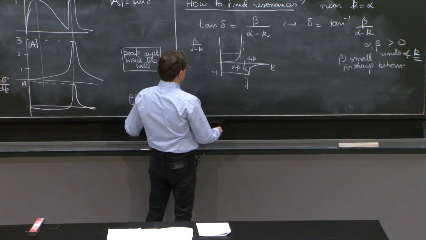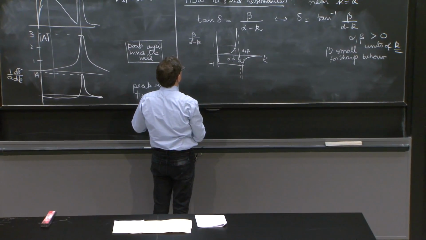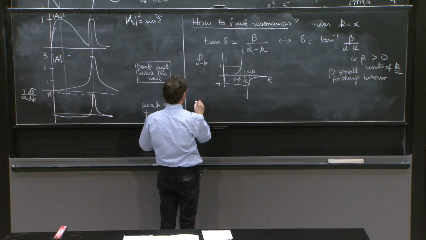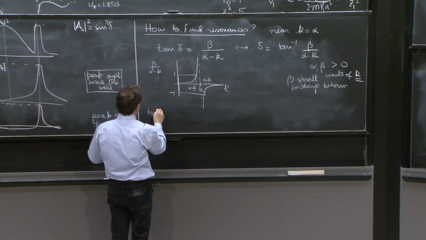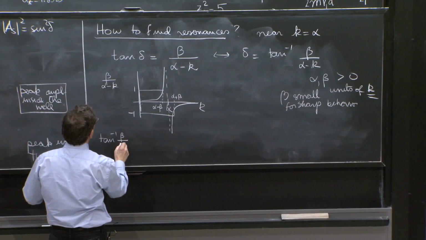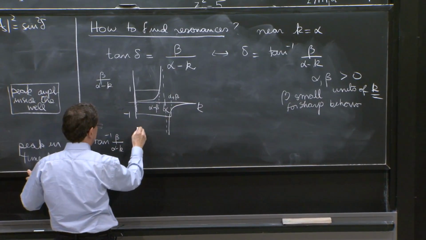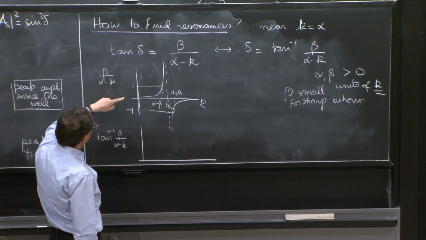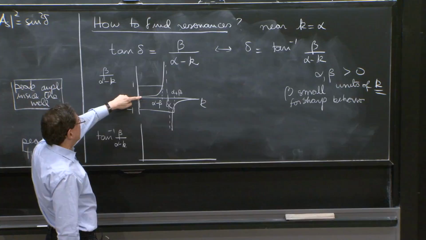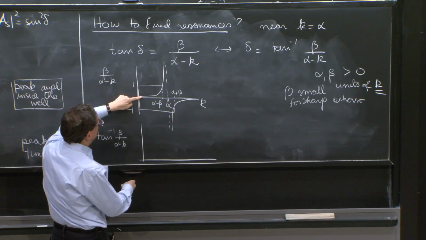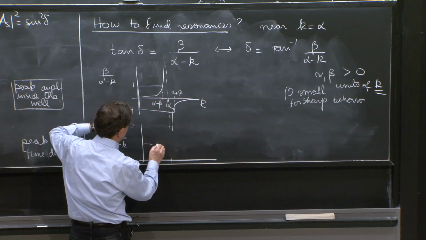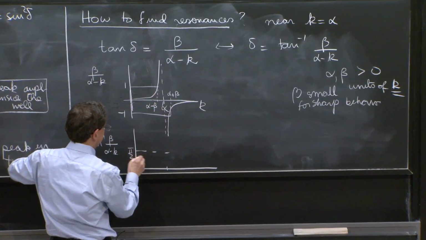If we plot now the arctangent of this, tan minus 1 of beta over alpha minus k, well, if the tangent of an angle is very little, the angle can be taken to be very little. At this point, it will reach pi over 2.